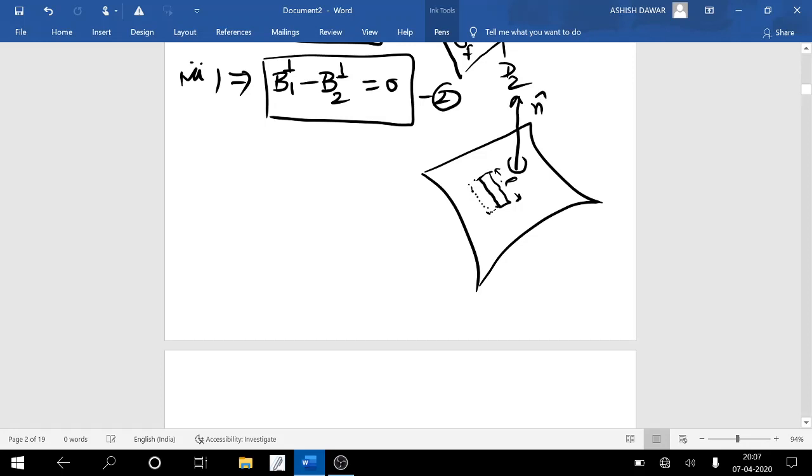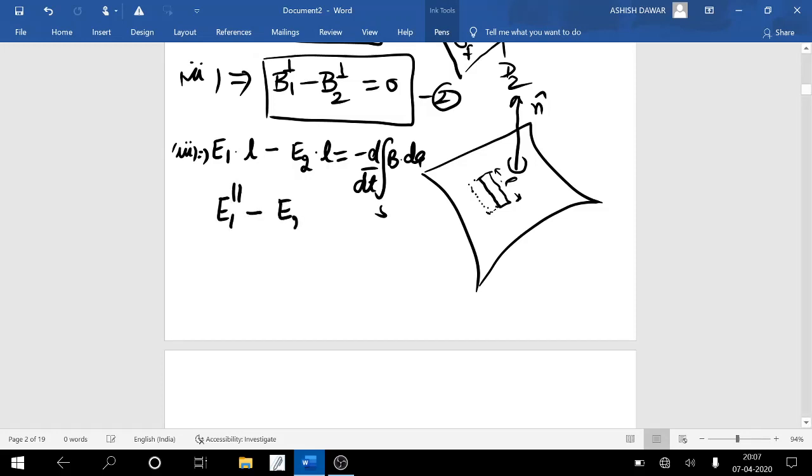So equation 3 becomes E1 dot L minus E2 dot L equals negative time derivative of the surface integral of B, that is the magnetic field. Again, in the limit the width goes to 0, so we have E1 parallel minus E2 parallel equals 0. This is our third boundary condition, which tells us that the parallel components of the electric field are continuous.